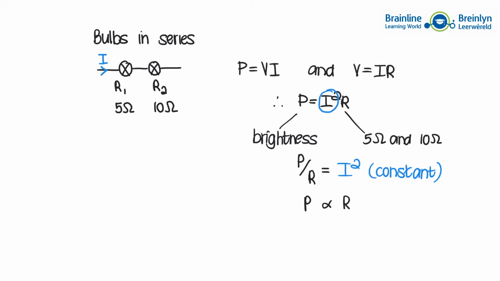In other words, provided that we are working with bulbs which have been connected in series. So what does a direct proportion mean? Direct proportion means if the one variable increases, then the other increases, or if the one has a high value, so does the other.